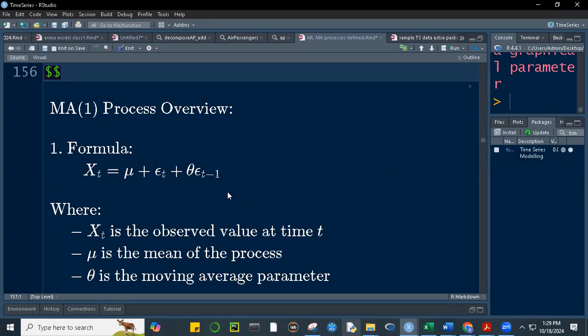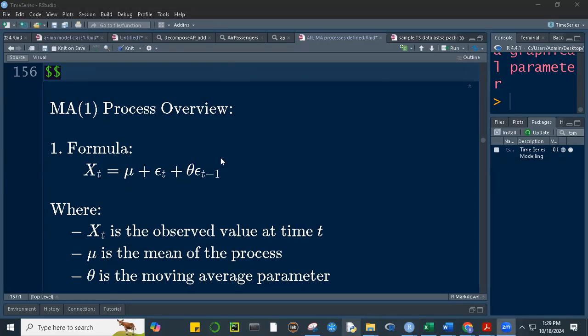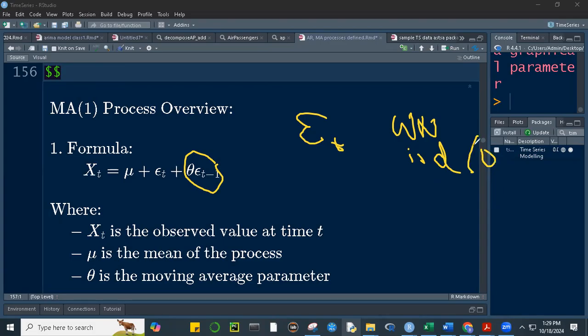And you notice, class, what is modeled is your epsilon. Remember, class, your epsilon is white noise. This is independently and identically distributed, IID, with zero mean and constant variance. So this is the nature of your white noise. Now let me just be clear.